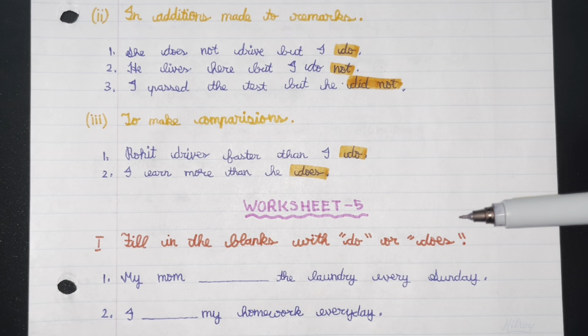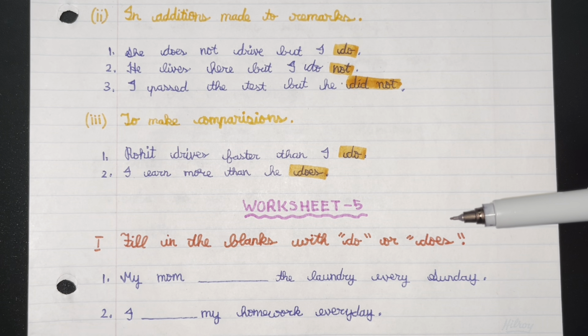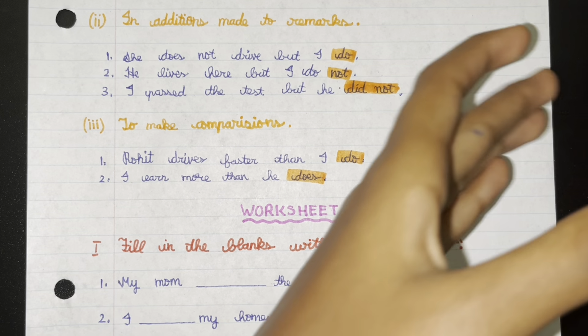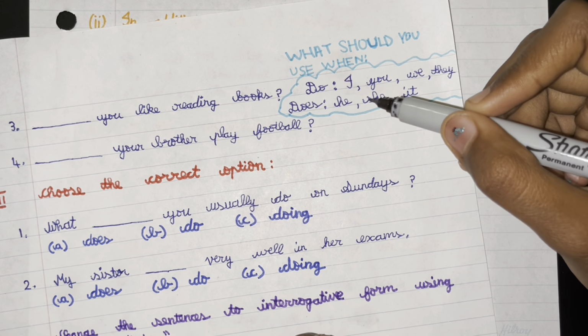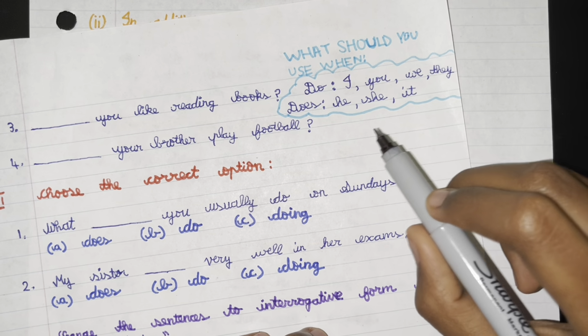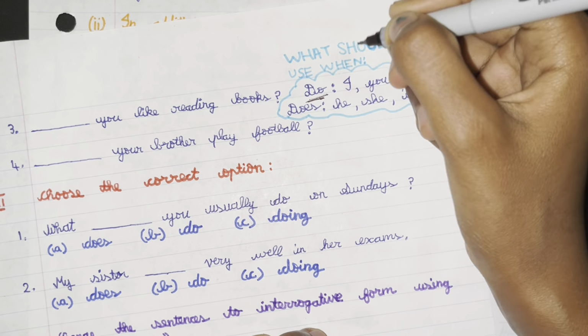Worksheet 5. Fill in the blanks with do or does. My mom does the laundry every Sunday. So for solving this, I have this thing. So I wrote this here. What should you use when? If there's I, you, we, or they in the sentence, you should use do.